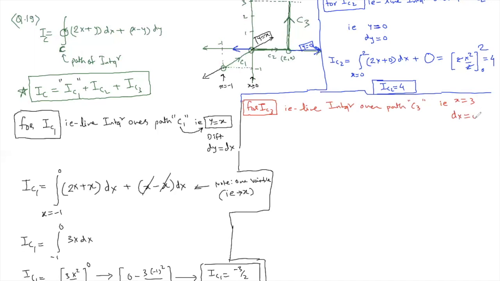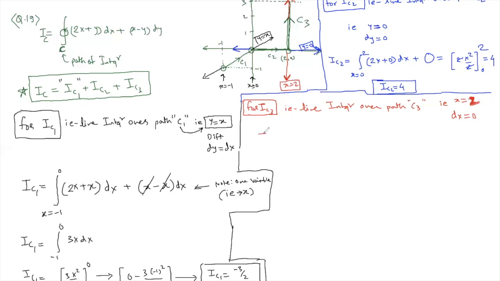Differentiate, you get dx equals 0. This is the path, and this path has got x equals 2. It's x equals 2, not 3; I look at the y-axis. Right, x equals 2 and dx equals 0.